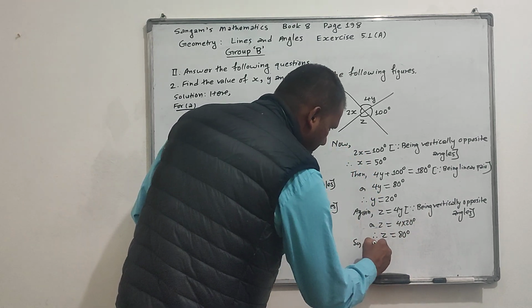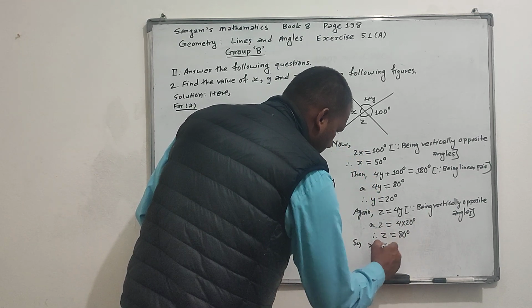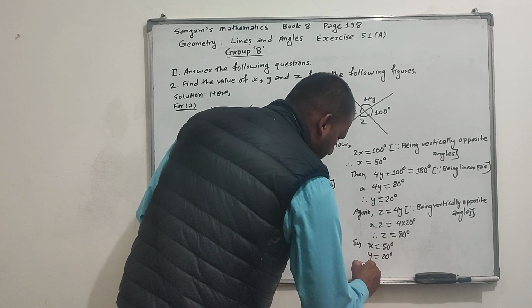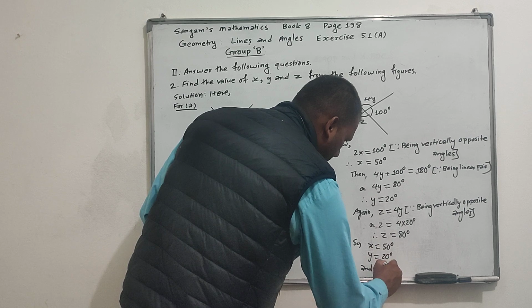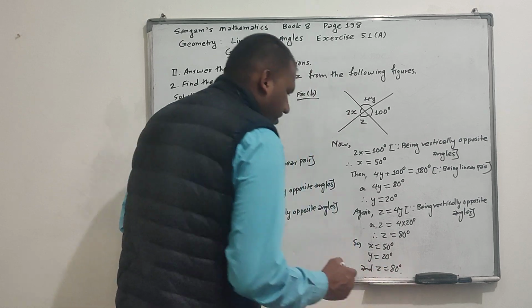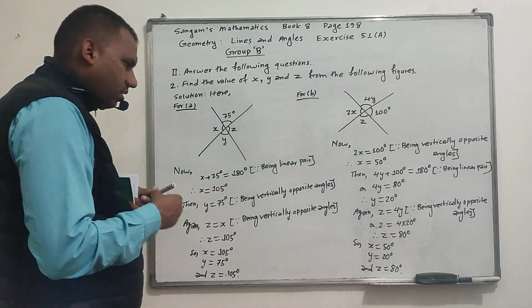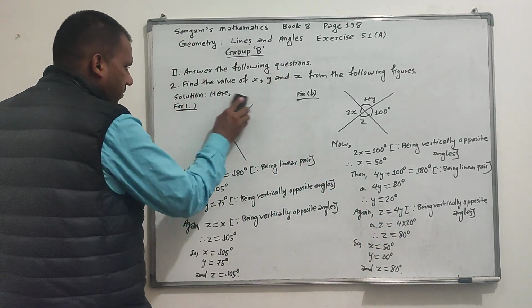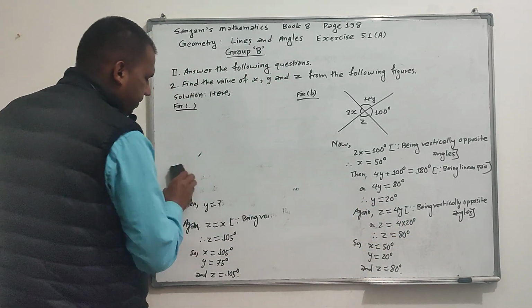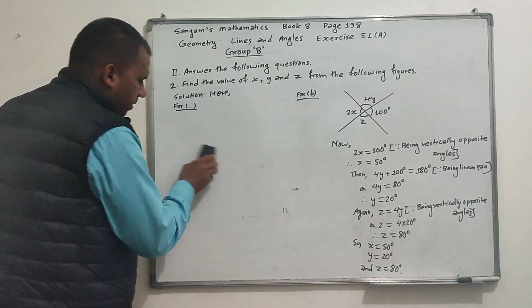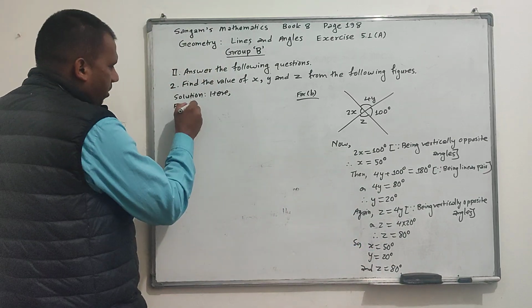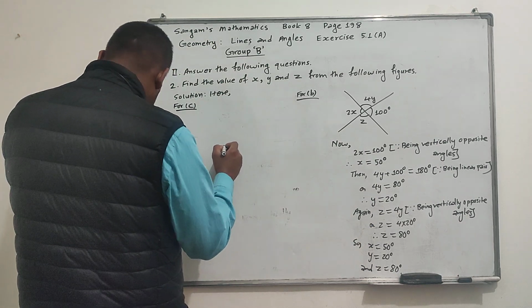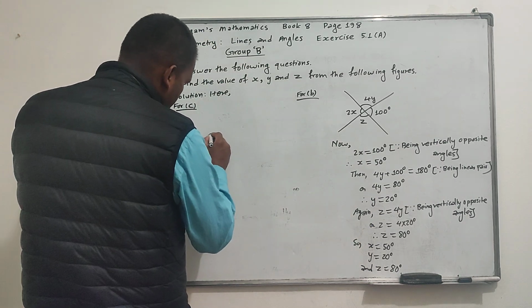So x equal to 50 degree, y equal to 20 degree, and z equal to 80 degree. This is the answer. Now for C, the figure is on the straight line, two straight lines intersect each other.